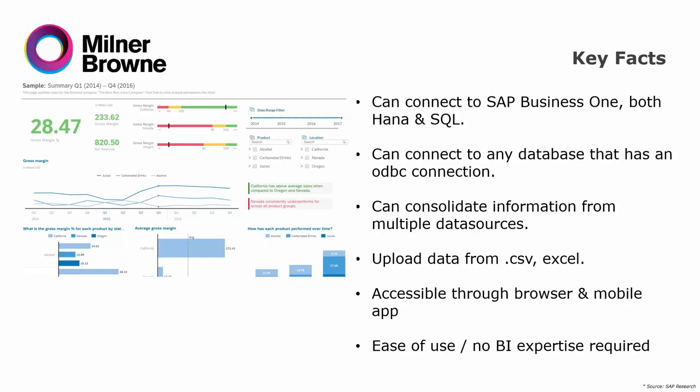But also, and I think one of the most important aspects, it's not exclusively for SAP Business One. SAP Analytics Cloud can connect to any database that has an ODBC connection available or can connect via a data source.